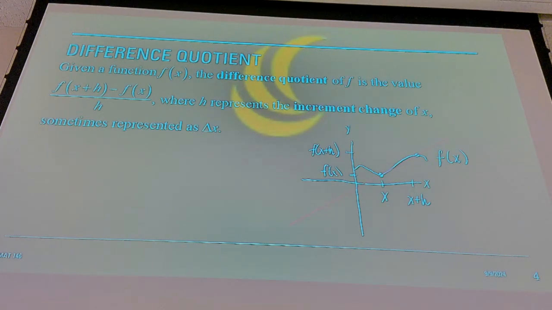Typically, you need more than 2 data points for that. It's called a secant line. A secant line is just a line that connects 2 points of a function.